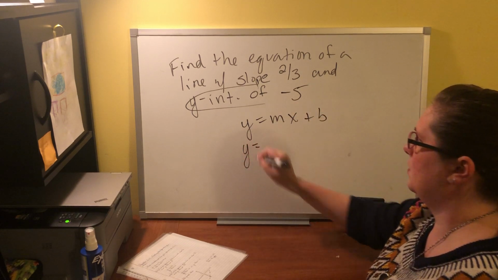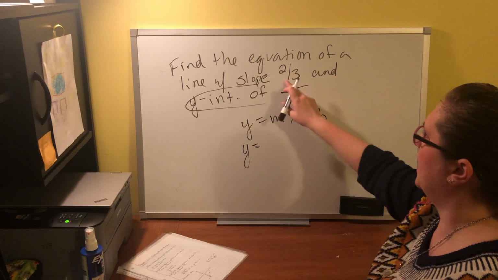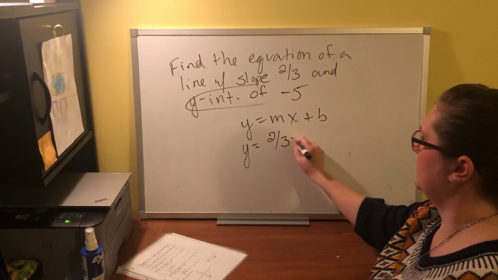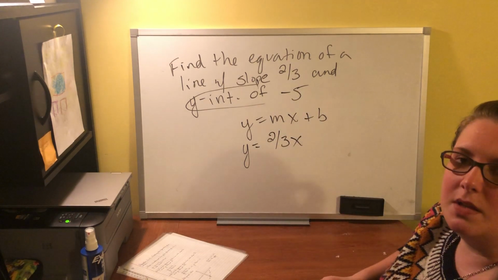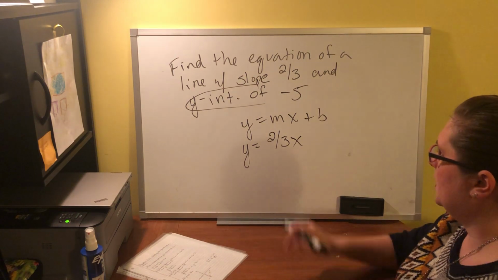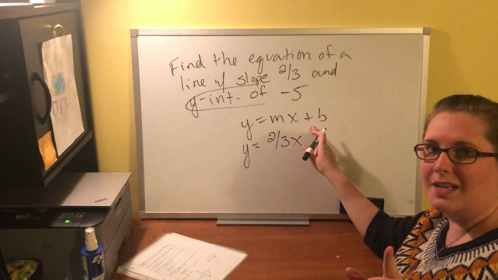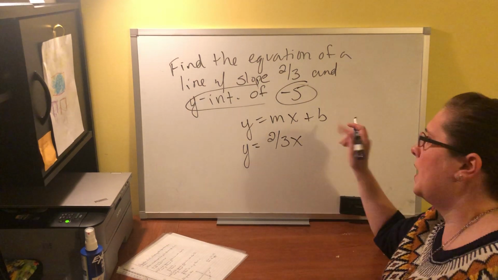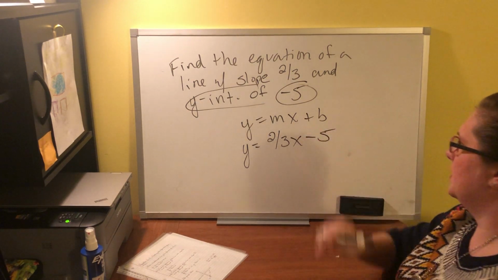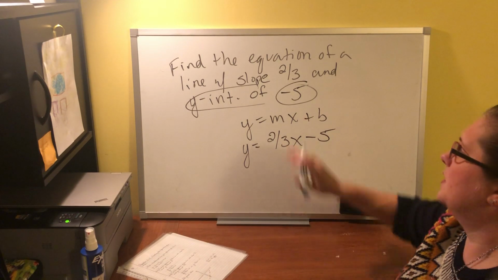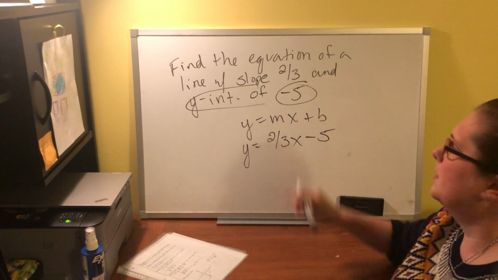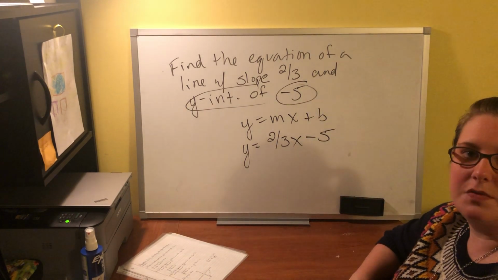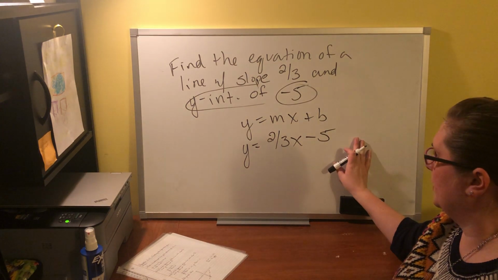The y equals stays. Slope is 2/3, x stays. Now, the only thing that's different from the last problem, it's always addition unless the y-intercept is negative. The y-intercept's negative, so this now becomes -5. If this was a positive 5, this would be +5. This is a negative, so you're subtracting 5. And that's your answer for this.